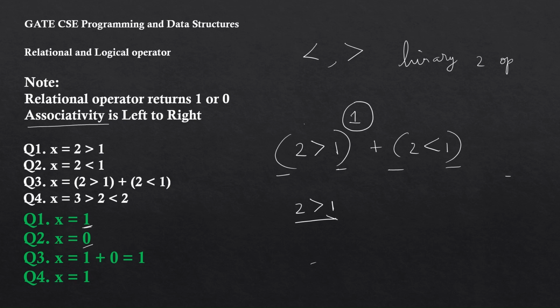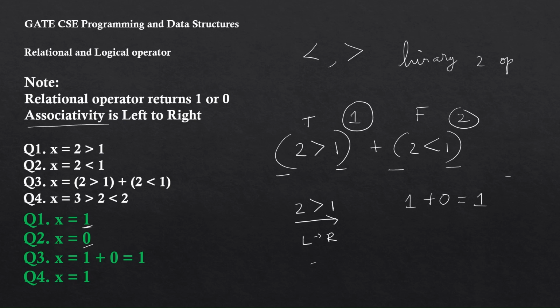Now look at the precedence, left to right. So first one, 2 is greater than 1, which is true. And now the next bracket will be solved, 2 less than 1, false. So 1 plus 0, that is why we are getting 1.